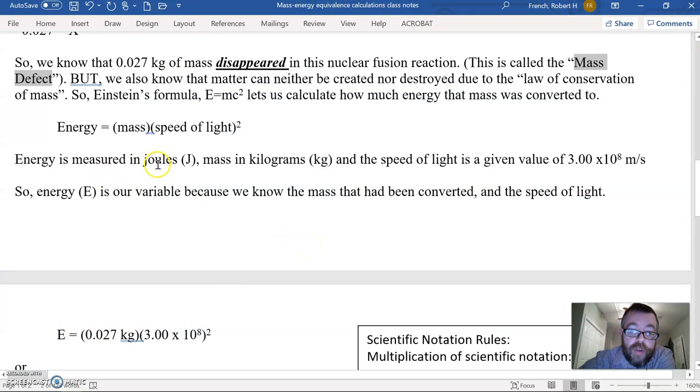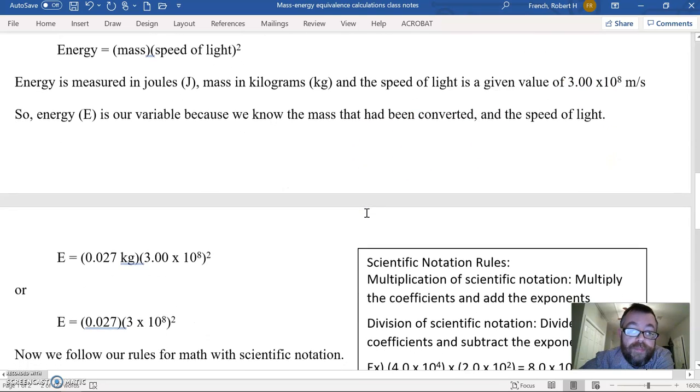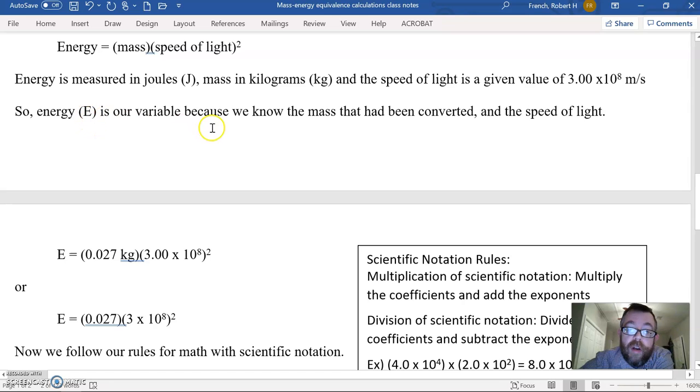Okay, energy is measured in joules, mass in kilograms. The speed of light has a given value, which is 3 times 10 to the 8th meters per second. Not too hard to work with there. So E is our variable because we know the mass that had been converted and we know the speed of light. So we're looking for the energy released that had to come from that 0.027 kilograms of missing mass.